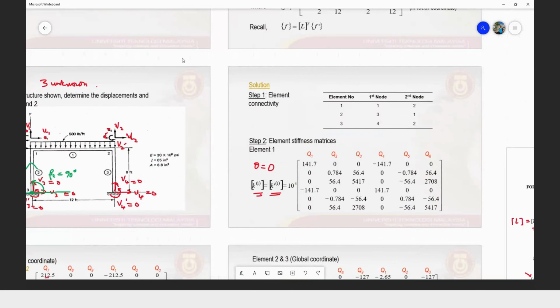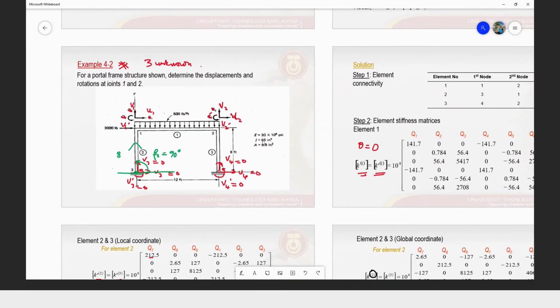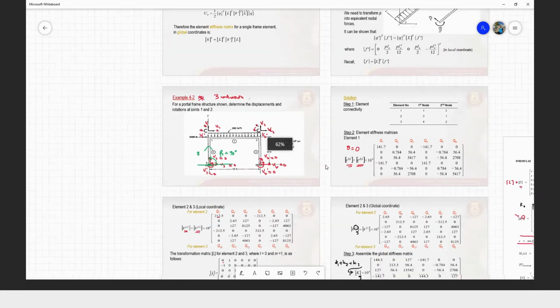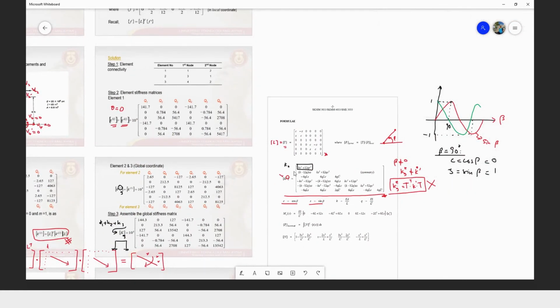Okay, but what is our, saya copy dia punya problem ni. Okay, kita ada dekat sini, we have E, which is 30 times 10 power of 6 pound per square inch.